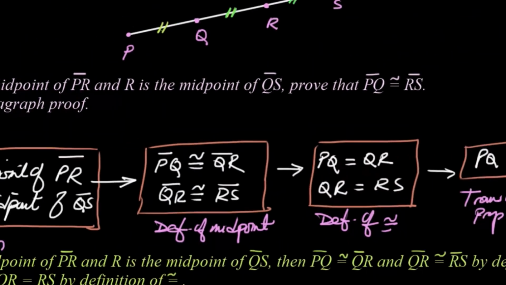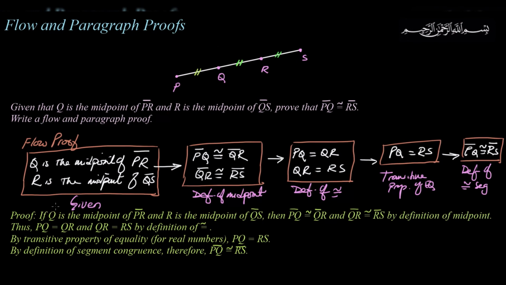And here it is. I have typed this whole thing out in words. The paragraph proof is simply the flow proof in words. If Q is the midpoint of PR and R is the midpoint of QS, then PQ is congruent to QR.